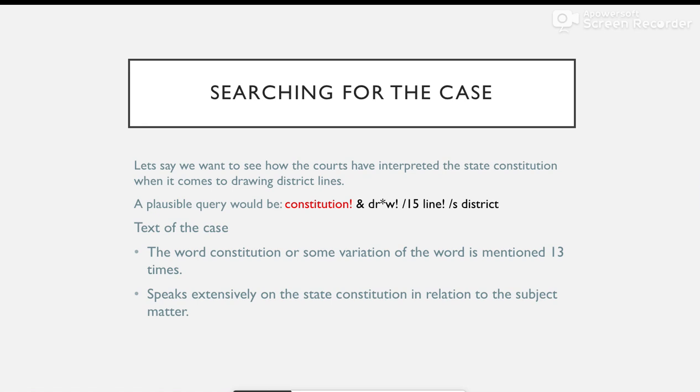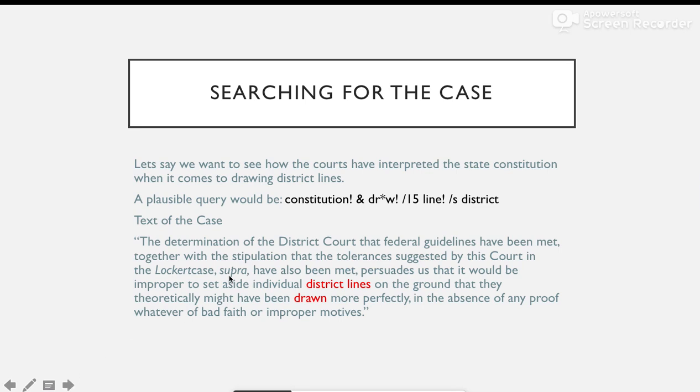Secondly, we see that this case does speak extensively on the relationship between the Tennessee state constitution and the subject matter. This doesn't have to be anywhere necessarily proximal to the rest of the query. So you don't have to have the constitution within the same paragraph or within the same sentence.